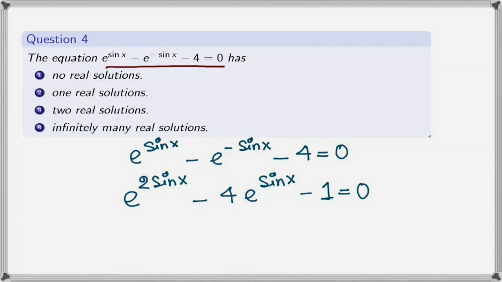So we see that this is a quadratic equation in e to the power sin x. For simplicity, we put y is equal to e to the power sin x. So we have this quadratic equation y square minus 4y minus 1 is equal to 0.